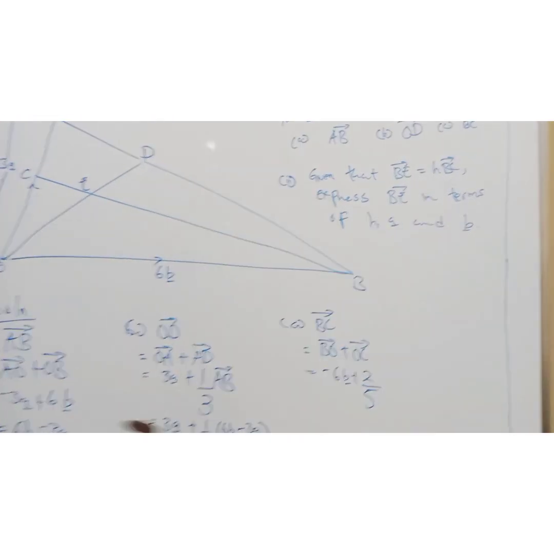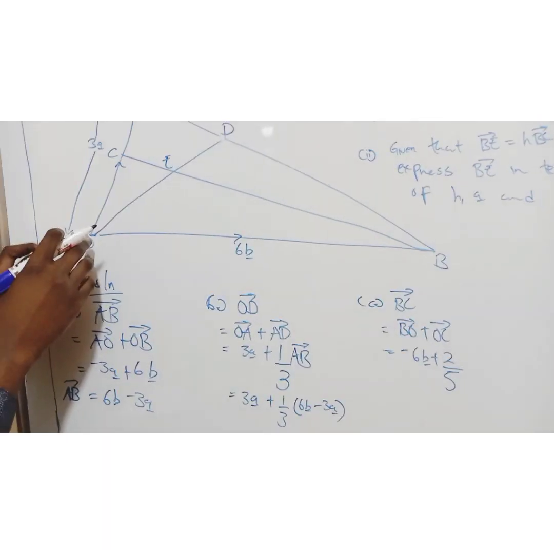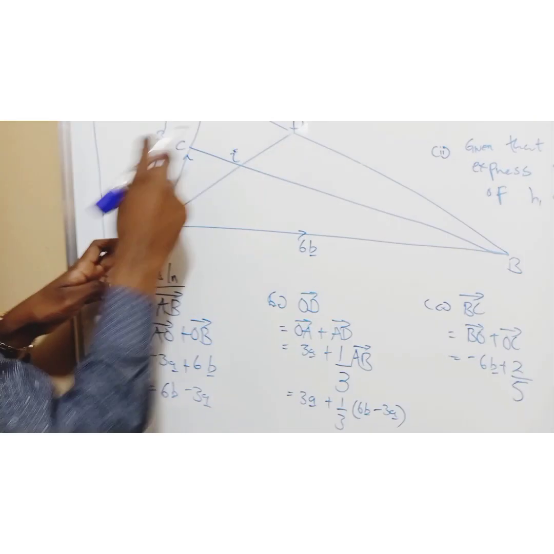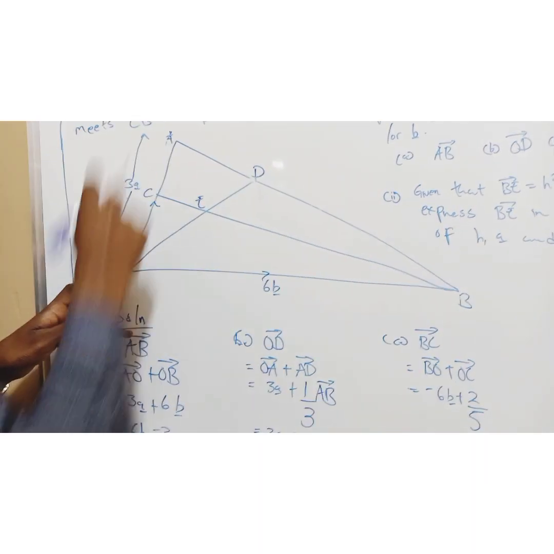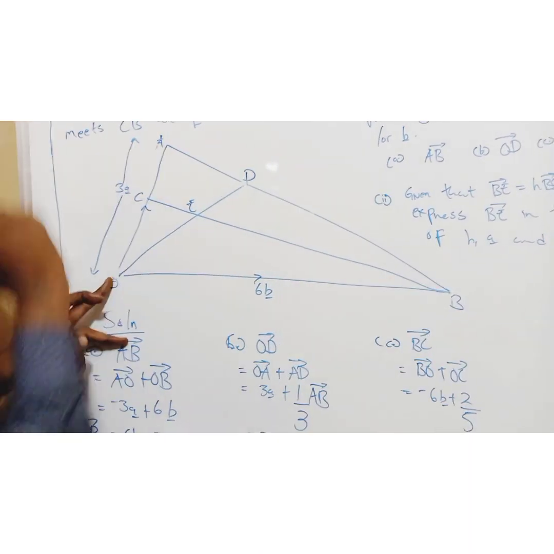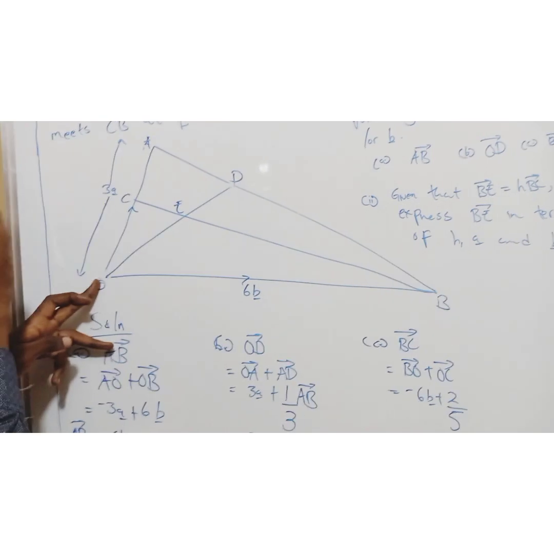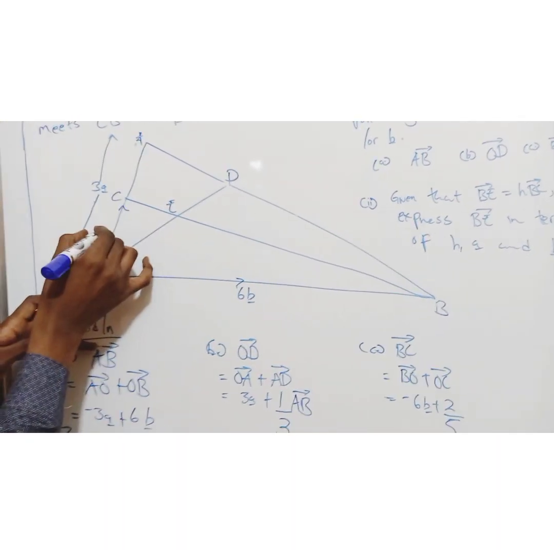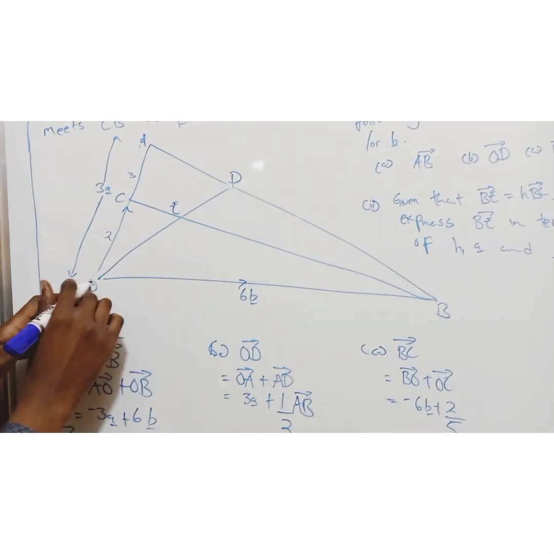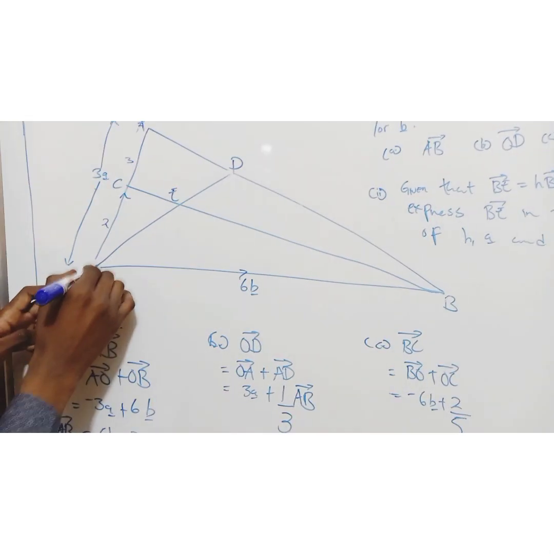And then what bigger vector here? Look, check this. This is OC. But what's the bigger vector? Which is OA. They have cut OA into OC and CA. That's very important. Let me repeat. This is OC. So this is 2 and this is 3. But what's the bigger vector they have cut? Is OA.